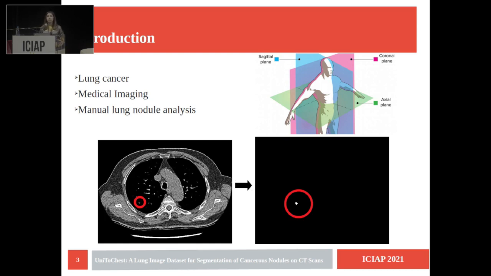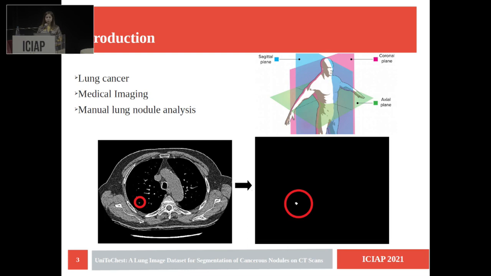Lung cancer is usually when a patient develops cancerous nodules in the lungs. In this cancer, the doctor suggests the patient get medical imaging done. In lung cancer, we do CT scans, which are computed tomography. It is done in the abdominal area, in the axial plane, and lung CT scan slices are produced in 2D format.